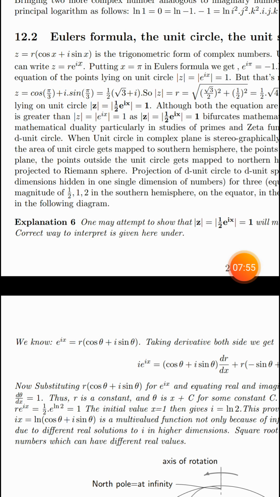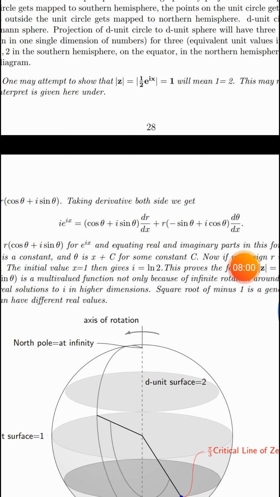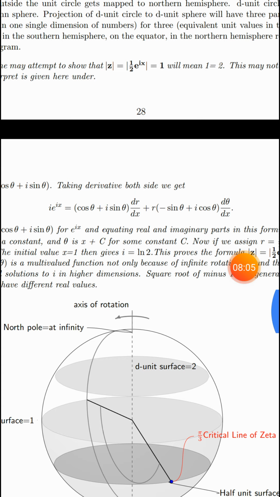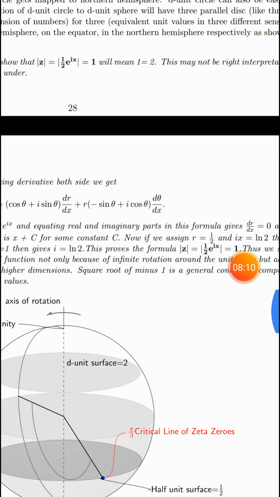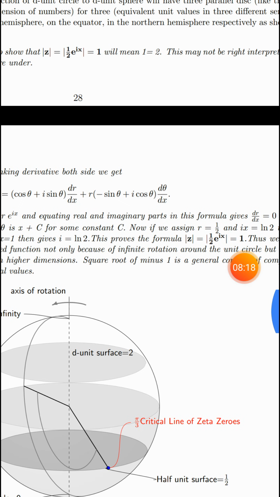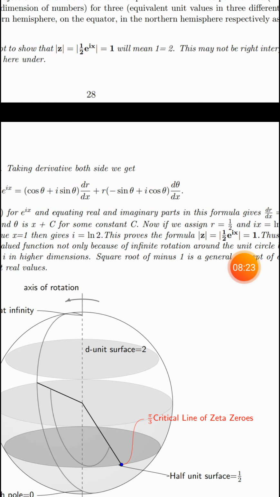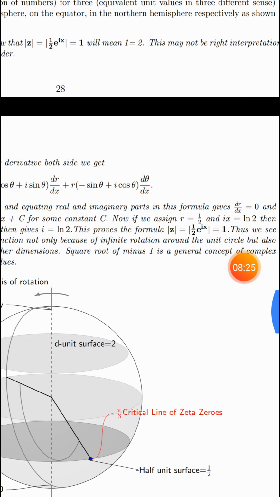This is possible because in the derivative representation of the unit circle concept of Euler's exponential form, if we set the initial value to 1 and r equals half, then ix must turn out to be ln2.